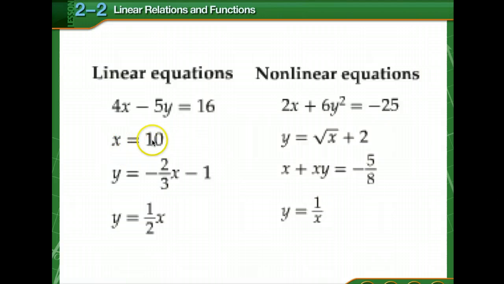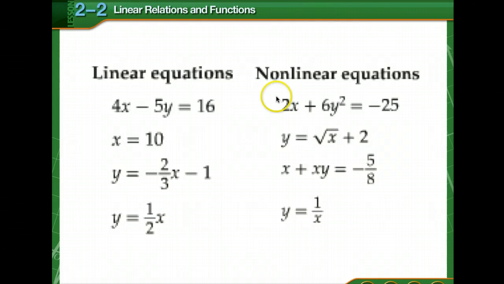X is equal to 10. These all satisfy those same rules. There's no variable in the denominator. All the variables are to the first power, written as y is equal to mx plus b. You could rewrite this one that way too, right? Subtract x from both sides. You certainly can. This is like plus 0. There's no b there, but you can imagine plus 0.